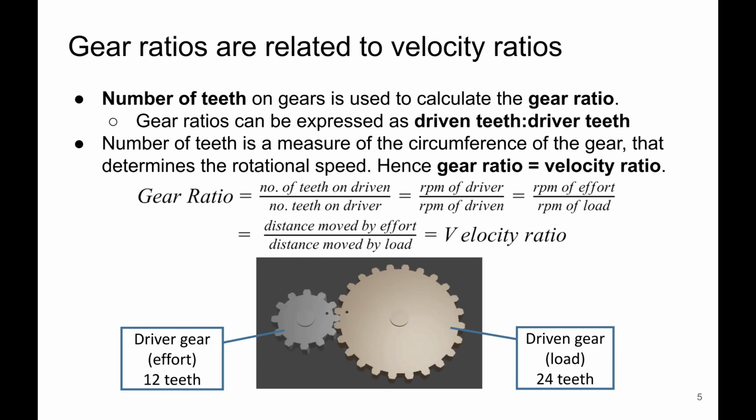And this translates to the velocity ratio, because in the same amount of time, the distance moved by the effort, which is the driver gear, divided by the distance moved by the load, which is the driven gear, equals the velocity ratio. So the gear ratio is equal to the velocity ratio in an ideal situation where there is no friction and no loss of energy.